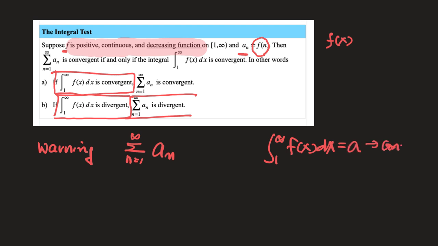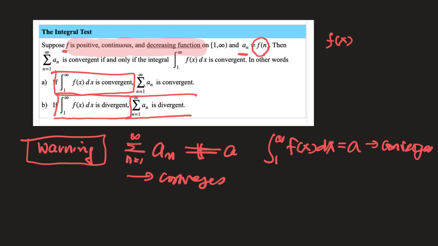So we say the series converges, but that doesn't mean the sum is the same. It's not a. We don't know. We just know the infinite series converges. We don't have any idea of the sum of this infinite series. You have to keep that in mind, guys.